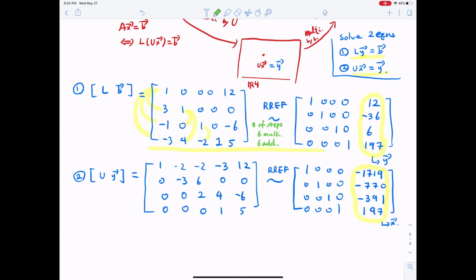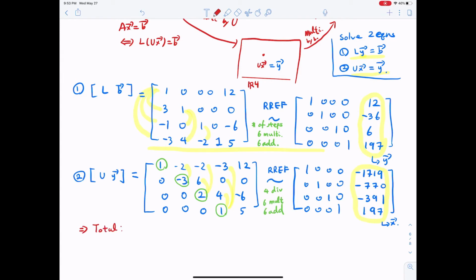And for the second case, we need to divide some numbers into the pivot position to make it equal to 1. And you multiply and add to each row to cancel out all the numbers in the columns. So we need 6 multiplications and 6 additions.